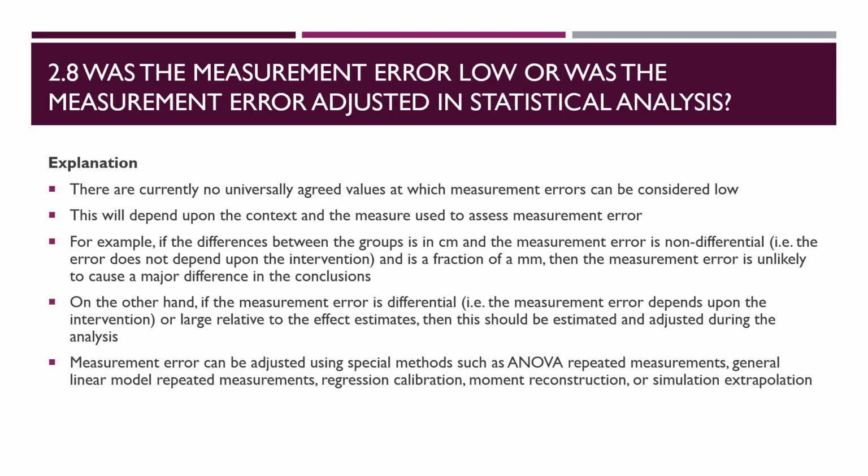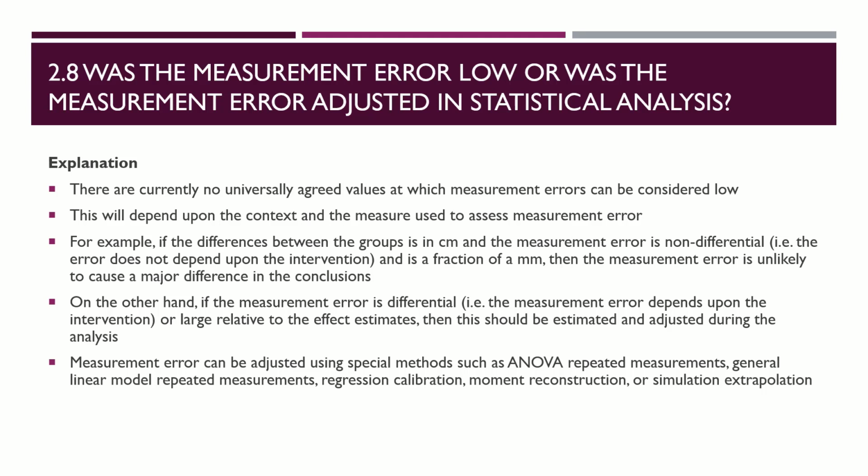On the other hand, if the measurement error is differential, that is, the measurement error depends upon the group in which the measurements were made, or is large relative to the estimates, so the difference between the groups is in millimeters and the measurement error is in centimeters, then this should be estimated and adjusted during the analysis.